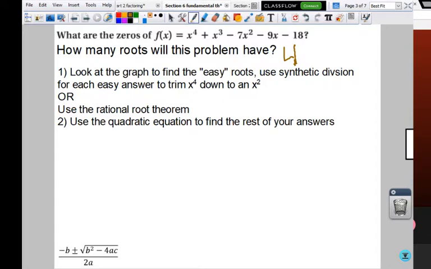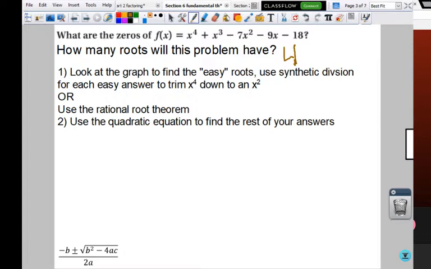Let me grab a paper so I can look at it as I type it in. So we have x to the 4th plus x to the 3rd minus 7x squared minus 9x minus 18.